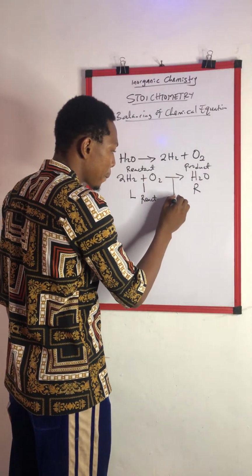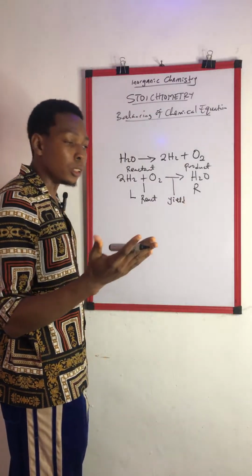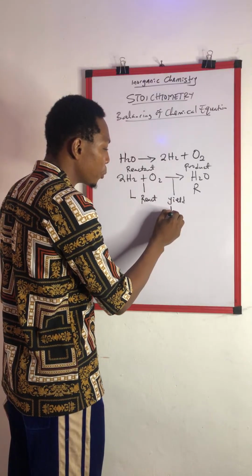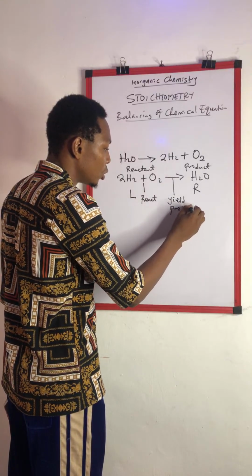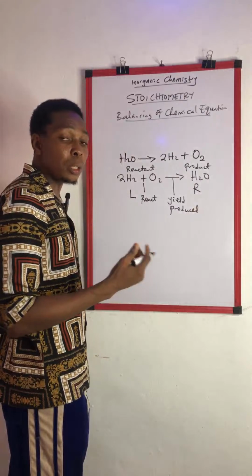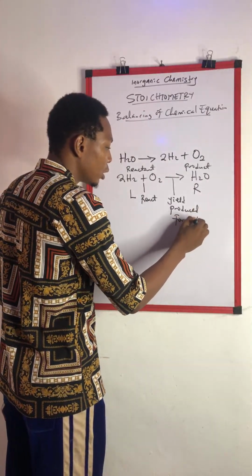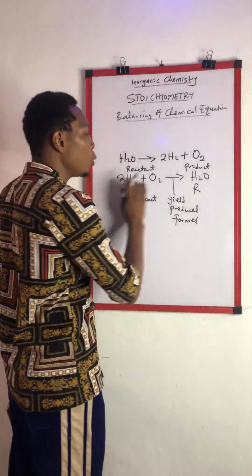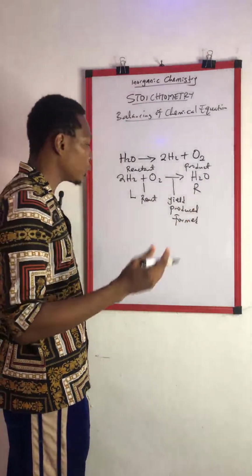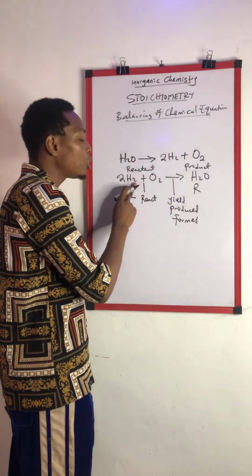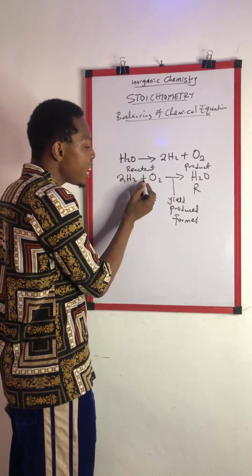Now, this arrow sign represents yield. Either I call it yield, you can also call it produce, or use the word formed. If you want to put this in terms of chemical reaction, you can simply say 2 molecules of hydrogen gas react.